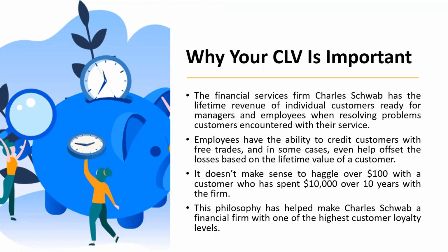Employees have the ability to credit customers with free trades, and in some cases even help offset losses, based on the lifetime value of a customer. If the customer is a high net worth customer, giving steady profits every month and going to be with me for a long time, I can see that from this metric, then I'll go that extra mile to ensure that he doesn't leave my service.